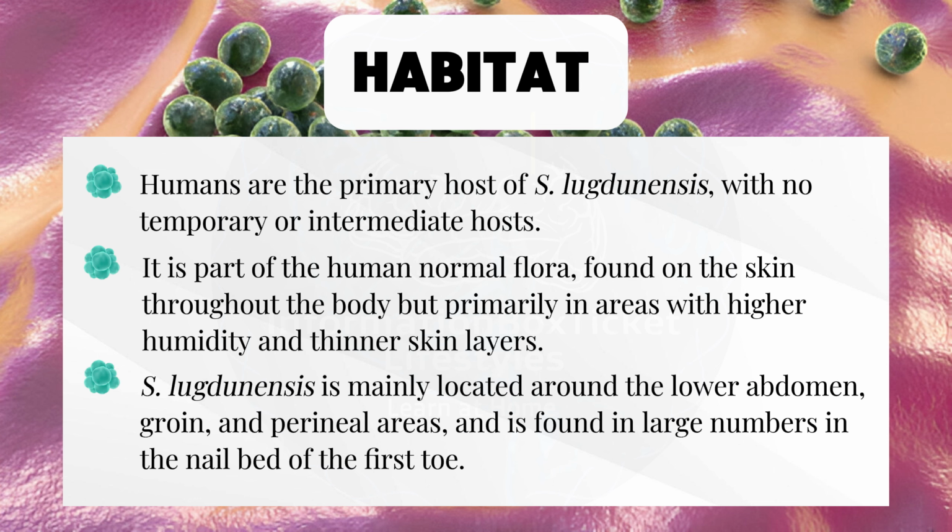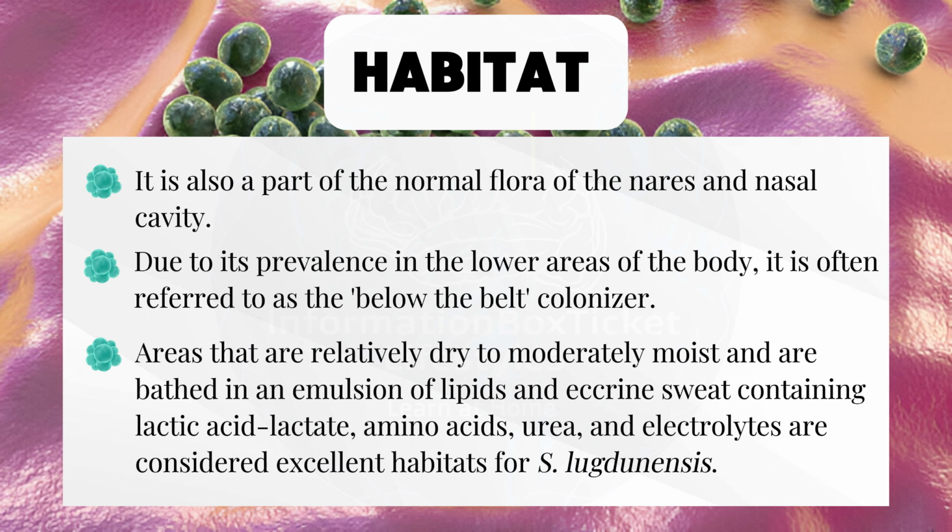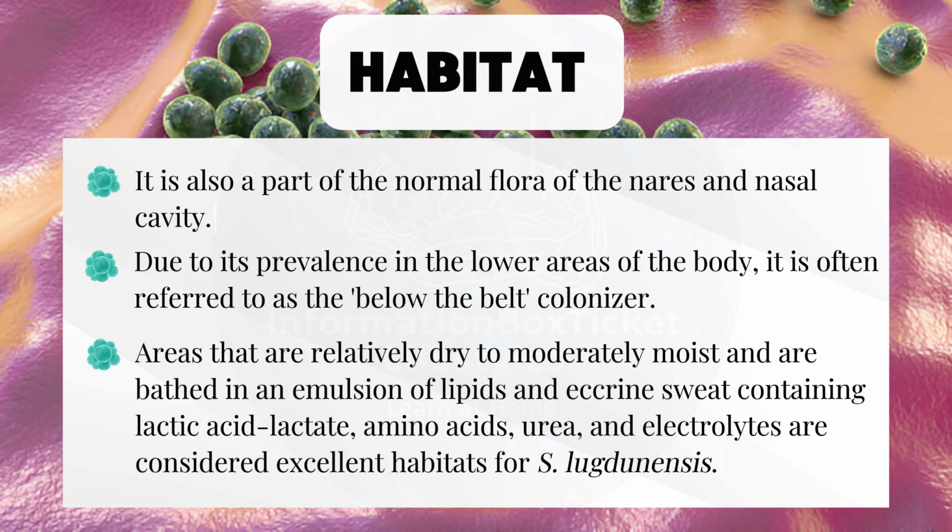It is also a part of the normal flora of the nares and nasal cavity. Due to its prevalence in the lower areas of the body, it is often referred to as the below-the-belt colonizer. Areas that are relatively dry to moderately moist and are bathed in an emulsion of lipids and eccrine sweat containing lactic acid, lactate, amino acids, urea, and electrolytes are considered excellent habitats for Staphylococcus lugdunensis.